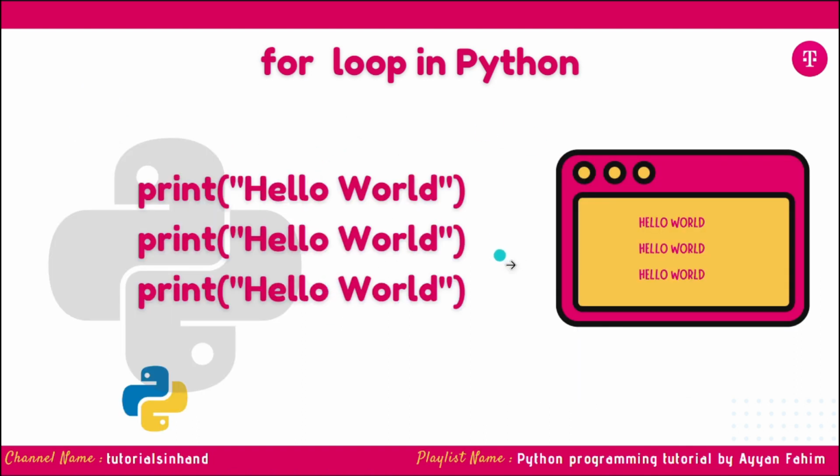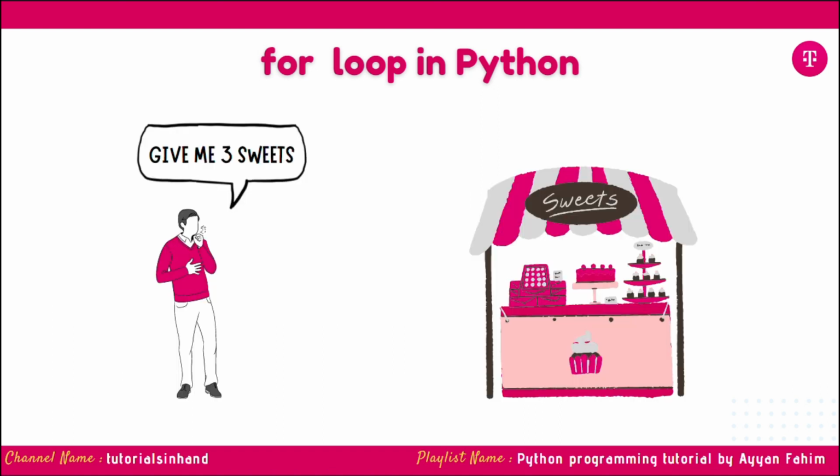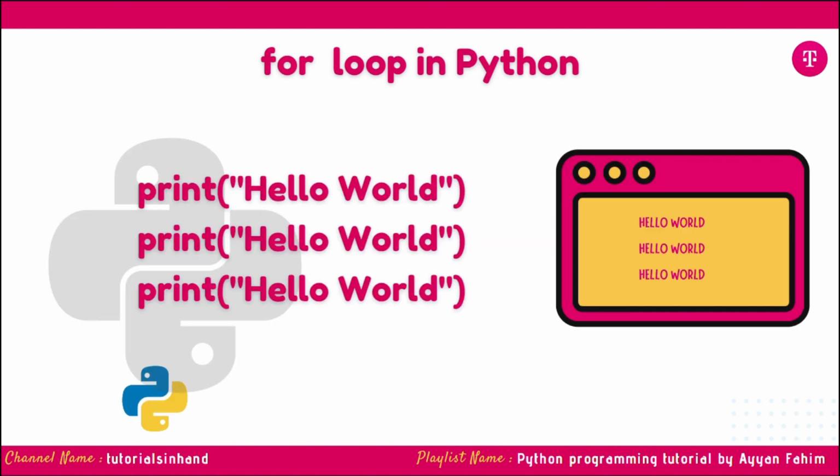But where does the problem arise? Let's take the earlier example: if we wanted 1,000 sweets, is it practical to tell the shopkeeper, give me a sweet, 1,000 times? It's not, right? Similarly in programming, if we wanted to print hello world 1,000 times, it's not practical to write the same code 1,000 times.